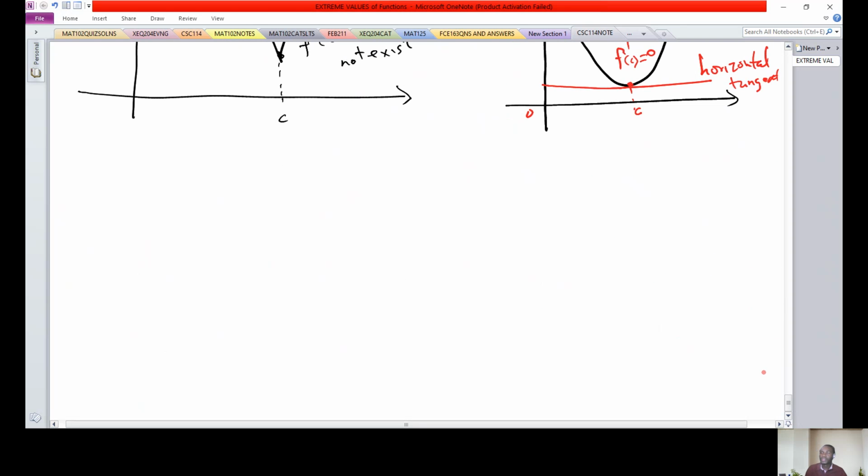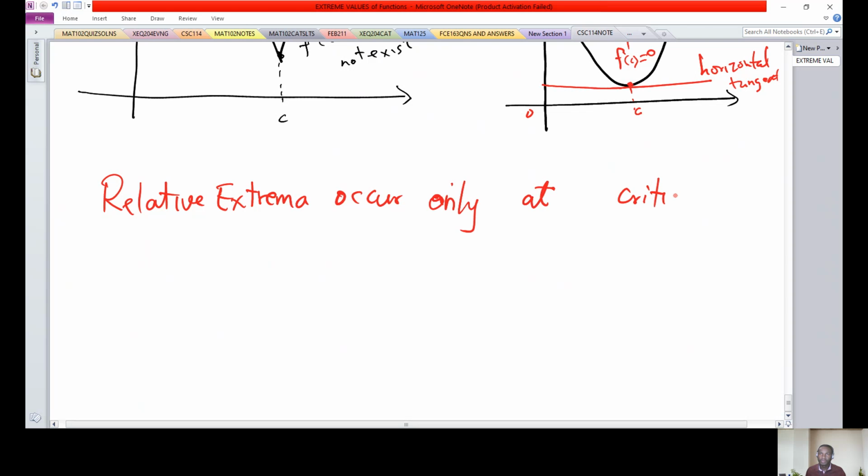And then another thing that you need to remember is that relative extrema occur only at critical points, critical numbers.